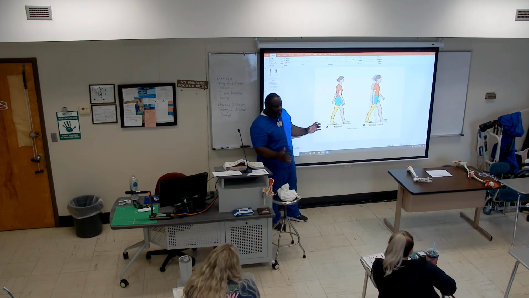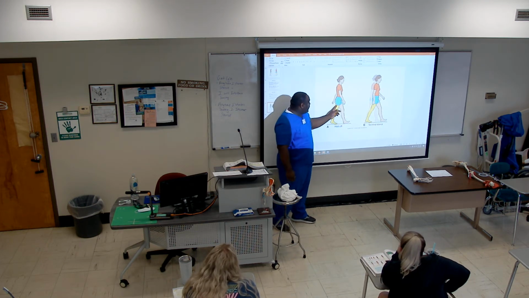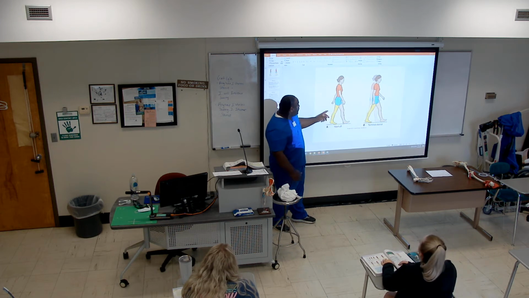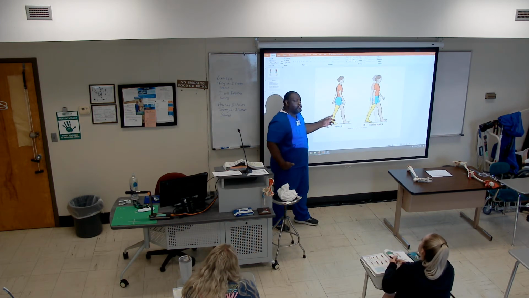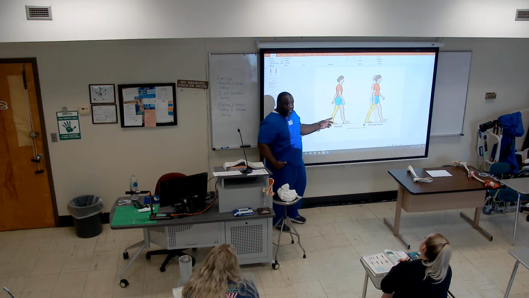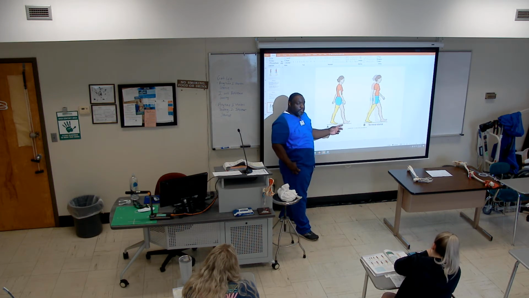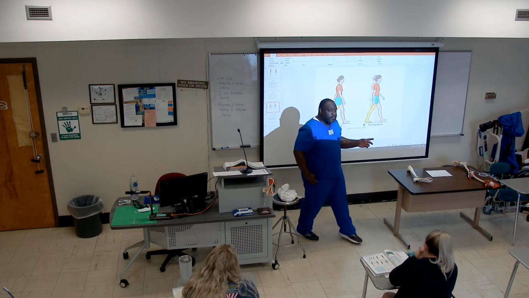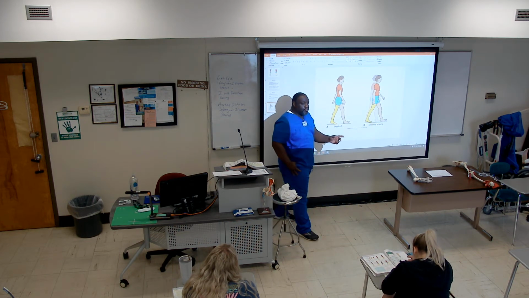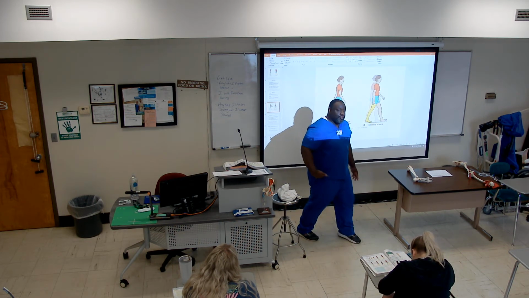Does that make sense? So the only thing that's changed is the position of my pelvis and my trunk over my closed chain hip. My hip is in closed chain, and as I move into different positions, it varies the joint angle.